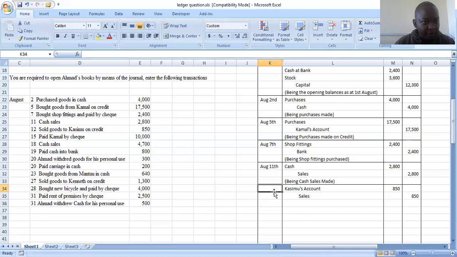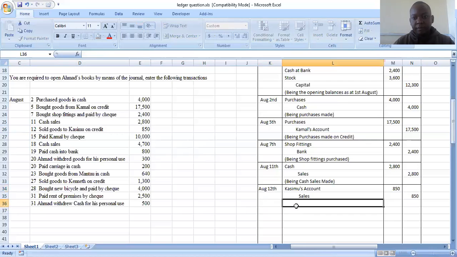The date is August 12th. And then we have the narration, say being sales made on credit to Kasimu. And then you close that.